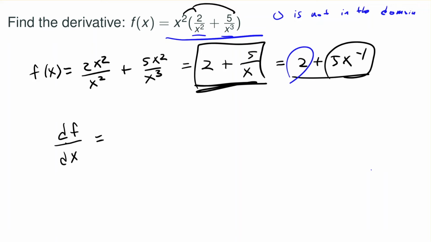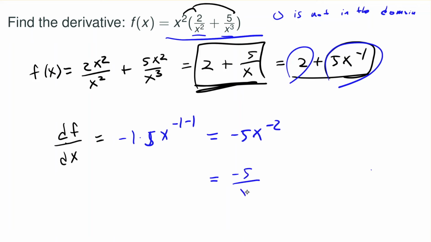It doesn't change. Then the derivative of this one is negative 1 times 5x to the negative 1 minus 1, subtracting 1 from the exponent, which gives negative 5x to the negative 2 power. Then we need to rewrite it as negative 5 over x to the second power. So this is the derivative of this function.